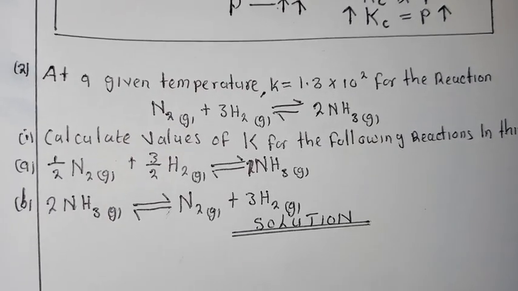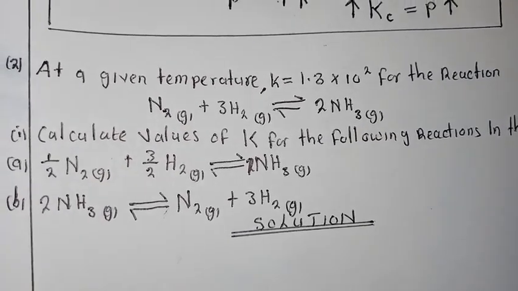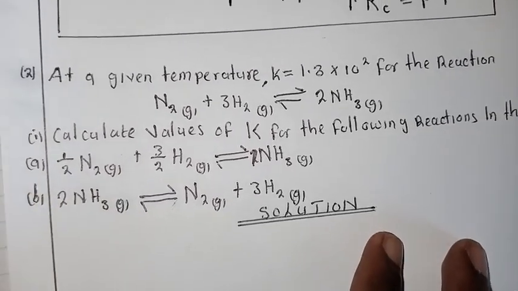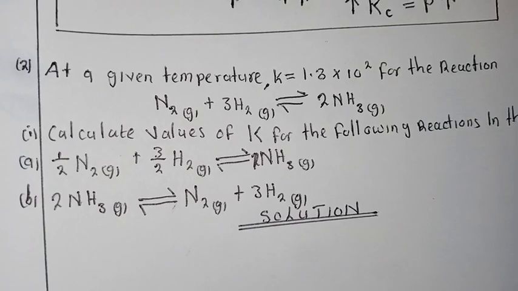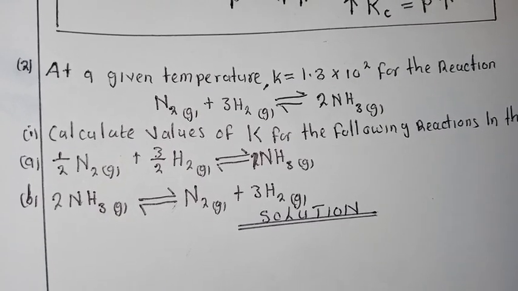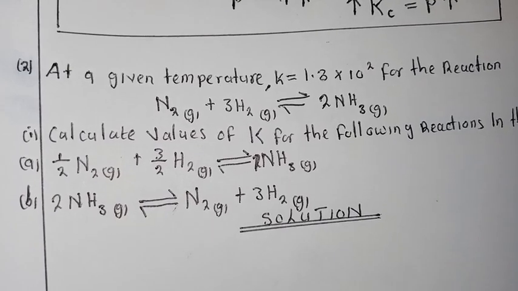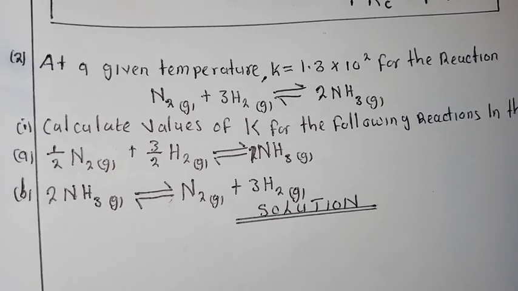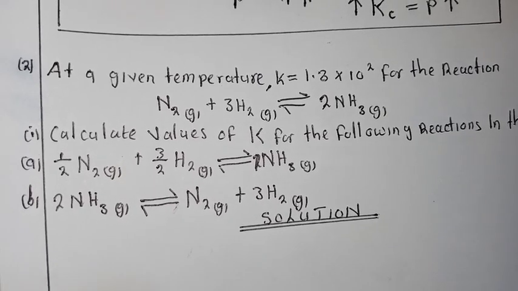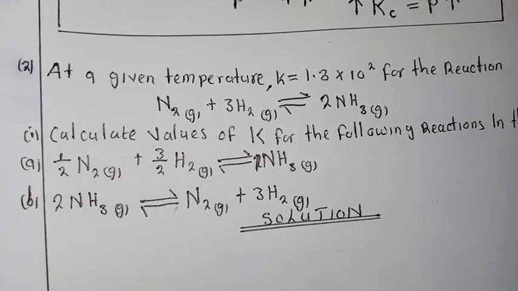Of course, we get to the second question and we'll try to use our understanding of chemical equilibrium. At a given temperature, K is equal to 1.3 multiplied by 10 to the power 2. Of course, this also tells us that the rate at which products are being formed is very high compared to the rate at which the reactants are used up.